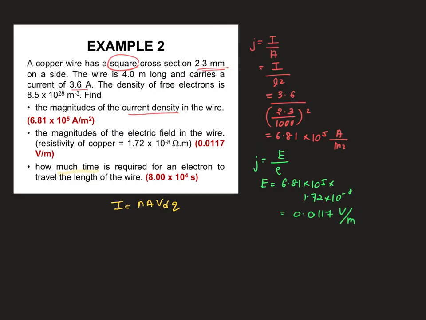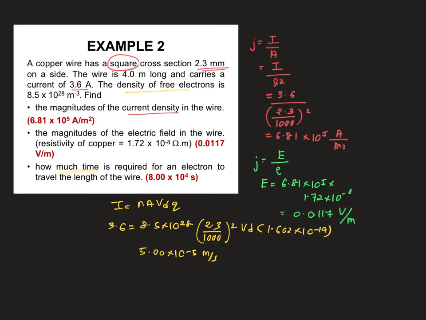So I is 3.6, the charge density, which is the density of free electrons, is 8.5 power of 28, the area is 2.3 over 1000 squared, and the charge is 1.602 power of negative 19. So you get 5 power of negative 5 meter per second for the drift velocity.